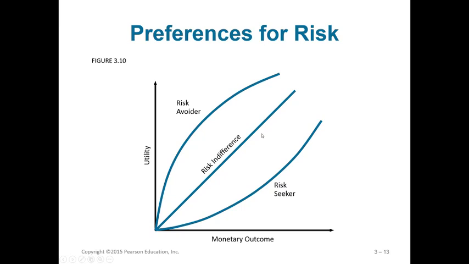People who are risk indifferent, they don't care about risk that much, so money and utility go together just fine. As it goes up, it is more important to them, but on a steady level, as opposed to it cranking up for risk seekers and flattening out for risk avoiders.